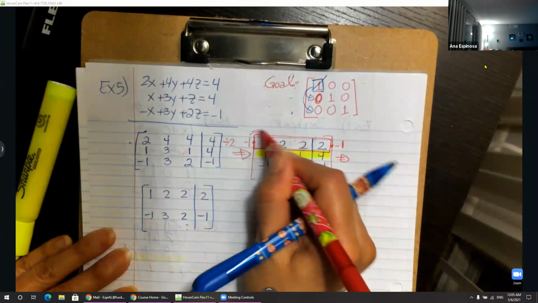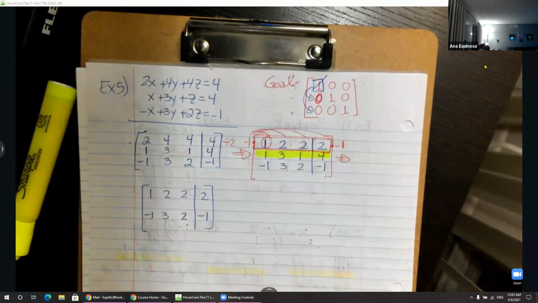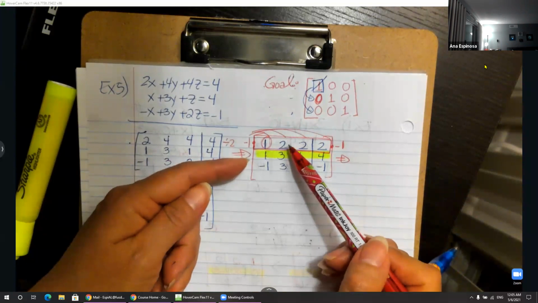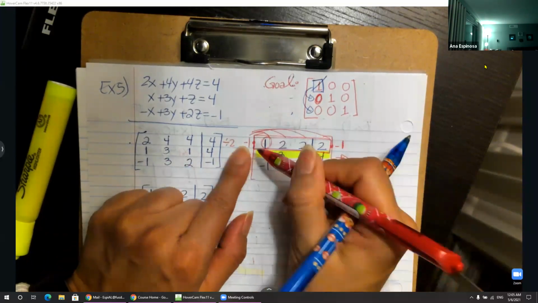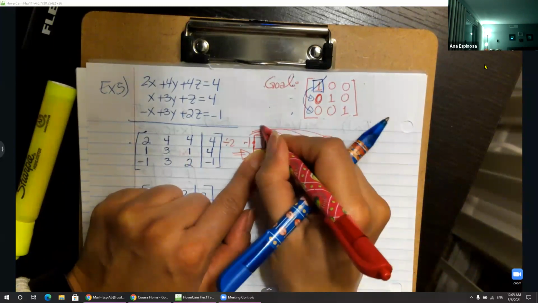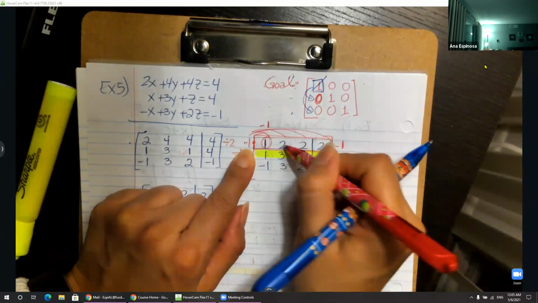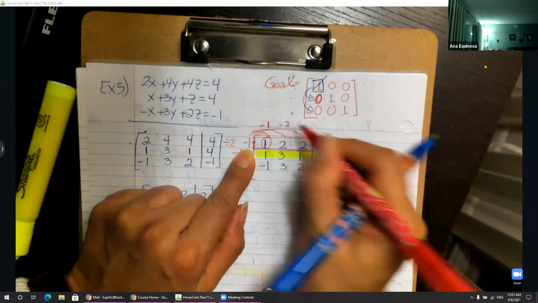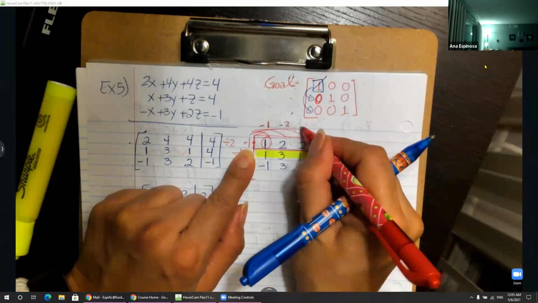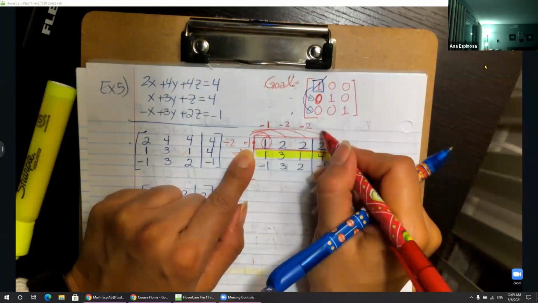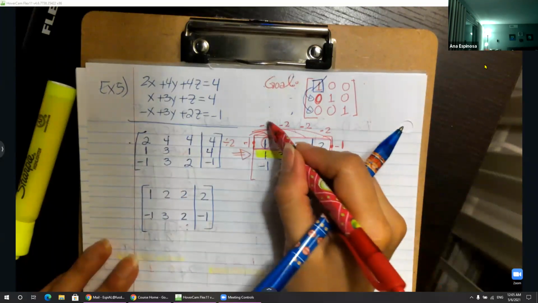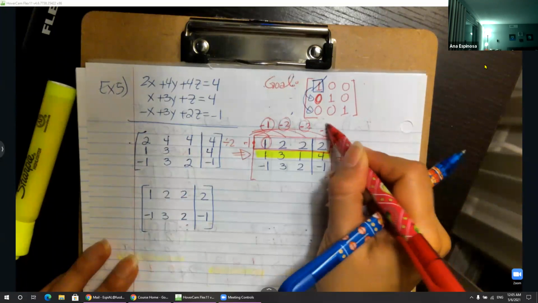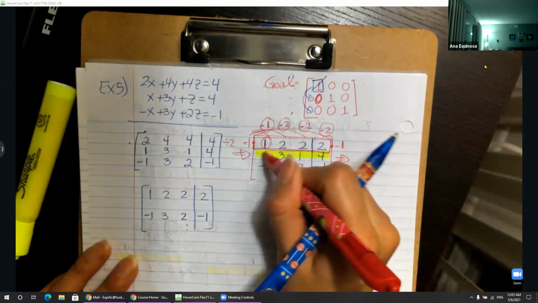So let's multiply. Now, I can't put the answers right below because it doesn't fit. So I'm going to put them above. So -1 times 1, -1, -1 times 2, -2, -1 times 2, -2, -1 times -2 is 2. Okay, now those numbers are going to add with this entire row.